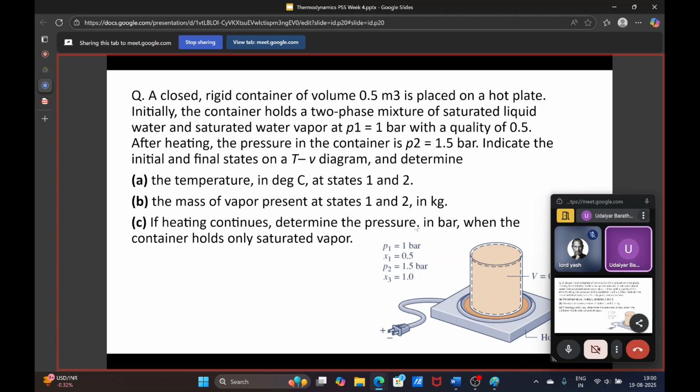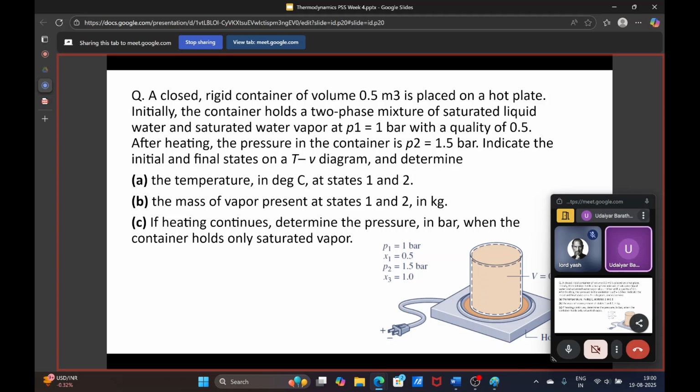So what is this case? You have a closed rigid container. This is similar to your pressure cooker, for example, just that you don't have that vent at the top where your gas is releasing out. So you have a closed container which you are heating. Initially it has a two-phase mixture of liquid water and saturated vapor at 1 bar, and the quality is 0.5.